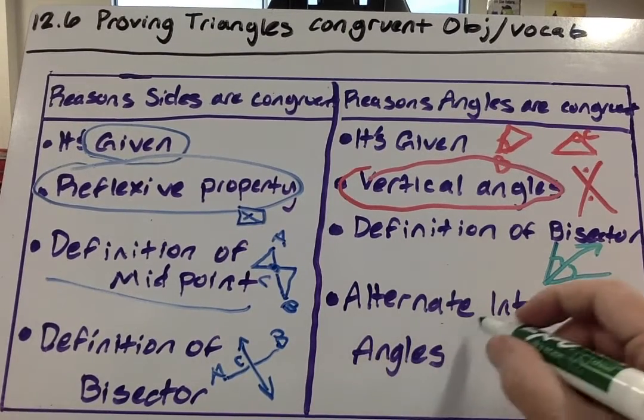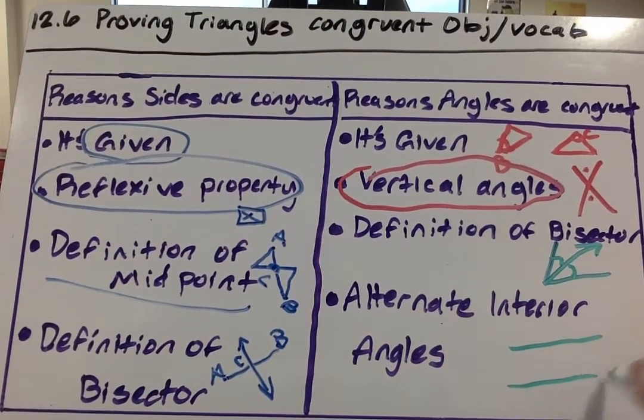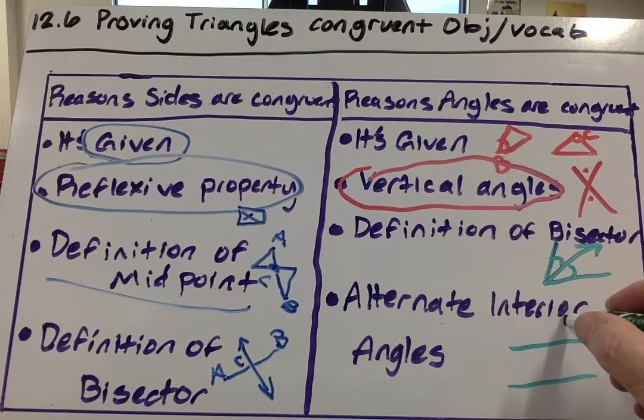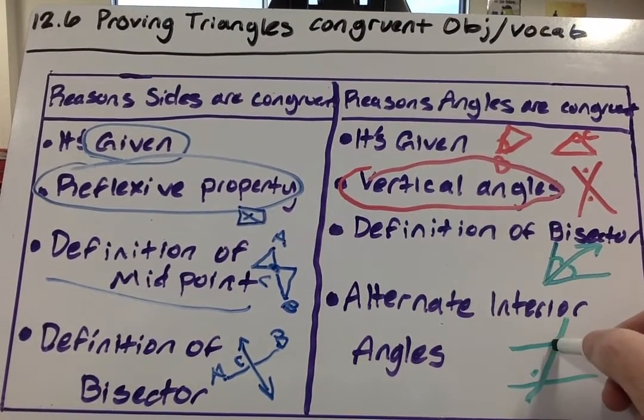Okay? Then alternate interior angles. If I hear that these are parallel lines and I have a line that goes through them, I can say that this angle is congruent to that angle.